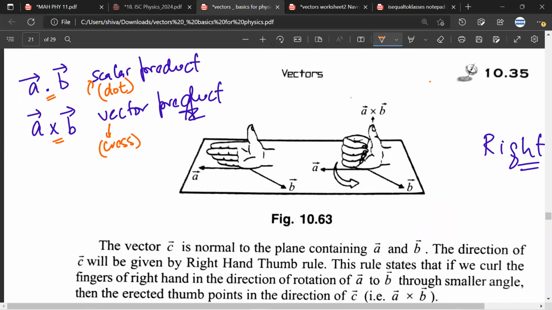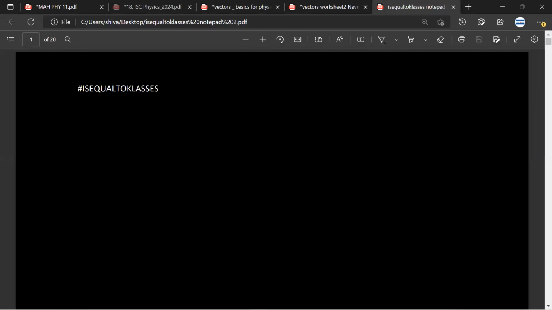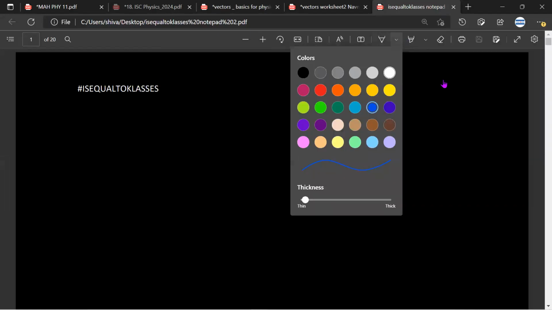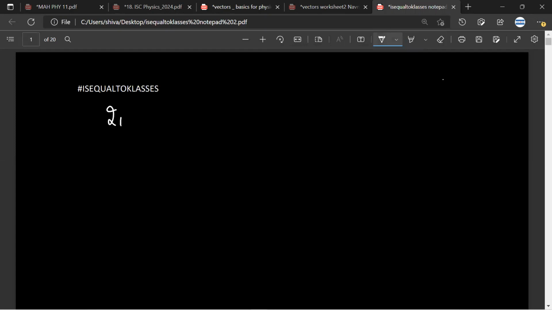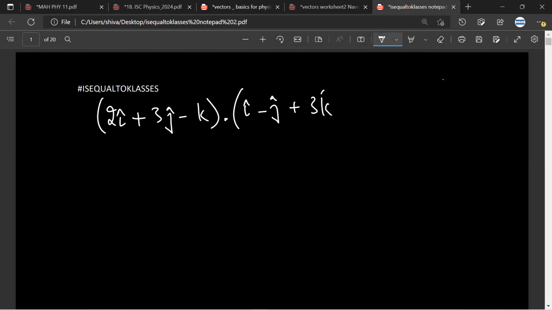Avantika, are we clear till here? Yes, sir. Now, if I take a very simple example of a dot product, say I have to find the dot product of 2i plus 3j minus k dot i minus j plus 3k. If you remember, all that we need to do is multiply these two, multiply these two, multiply these two.